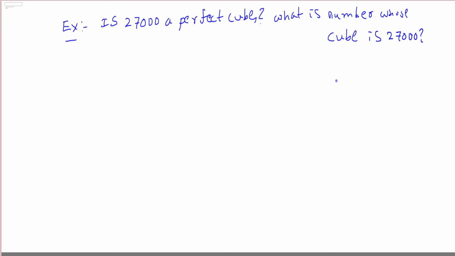First, you make the prime factorization. For that, write 27,000 here. Take the smallest factor, that is 2. First start with 2.